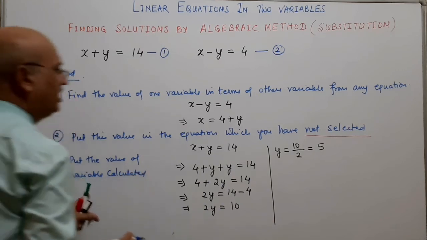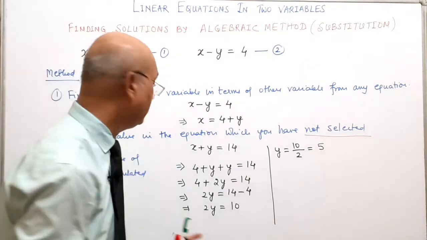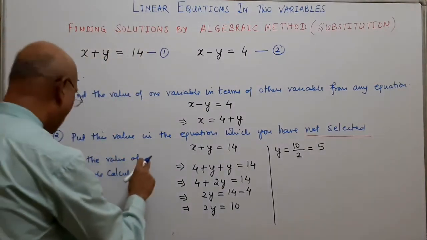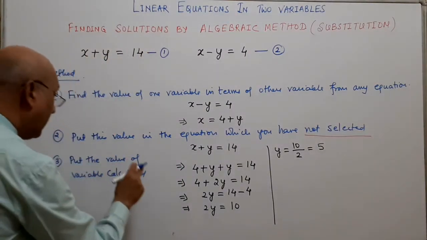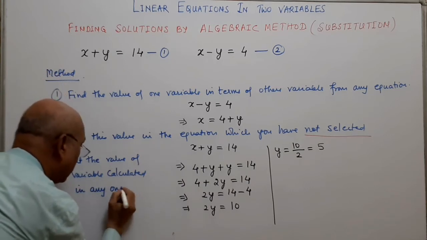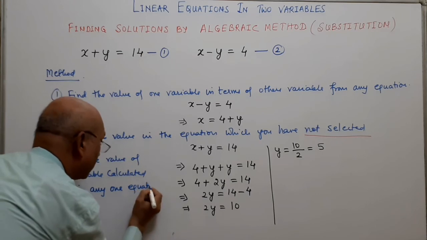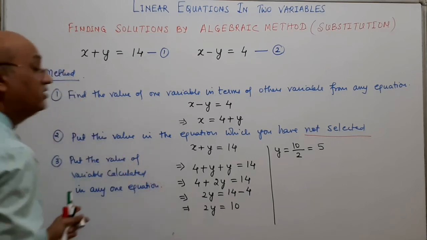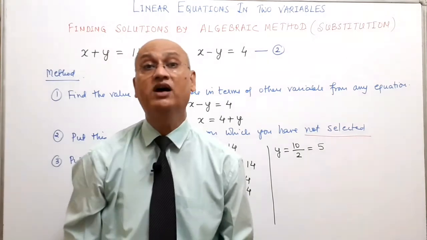I am using the word variable because it can be x, it can be y, it can be anything. Now see, here I am using the words any one equation.